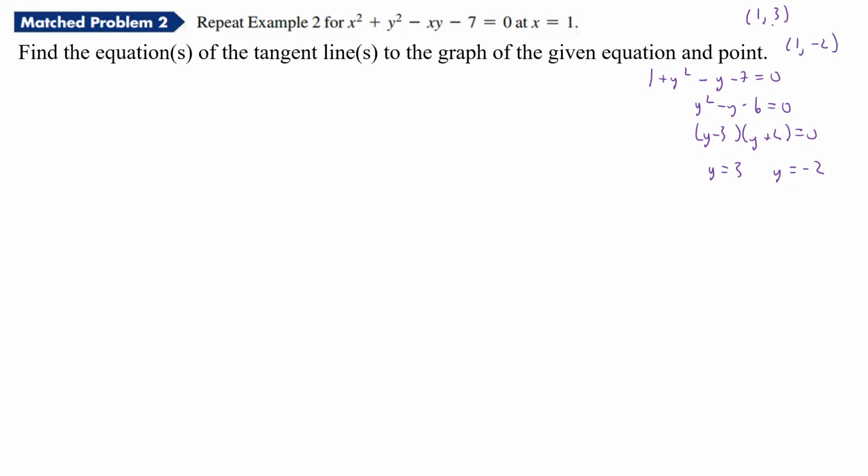All right, so next we need to go ahead and rewrite this. We'll use our y of x notation, and we'll put our d's and everything else in there.